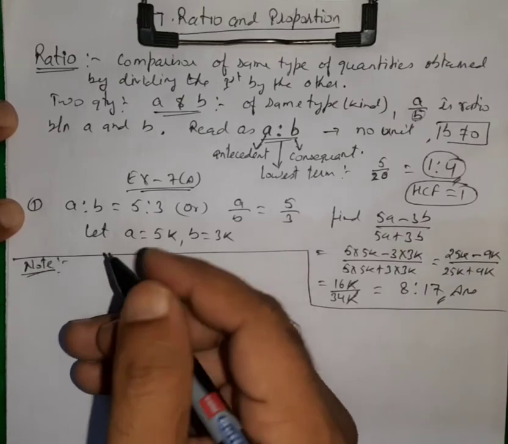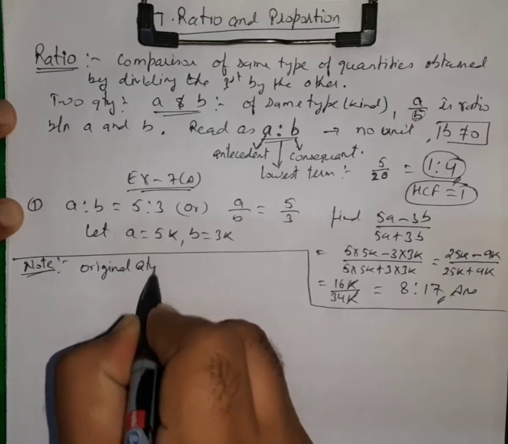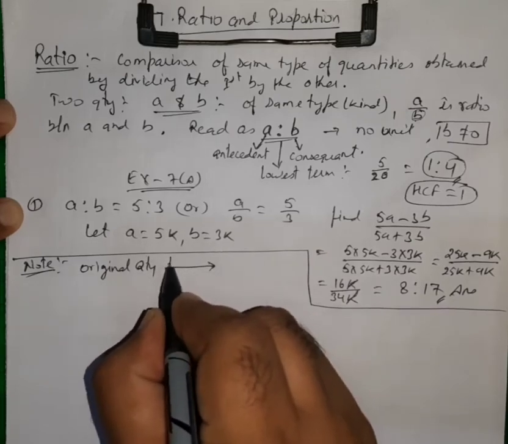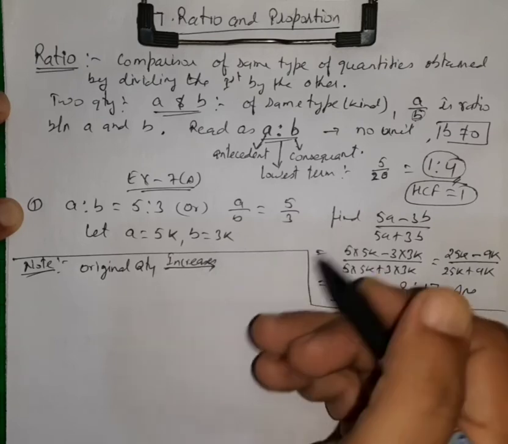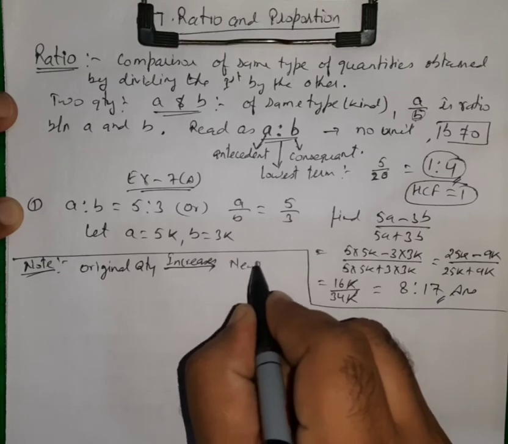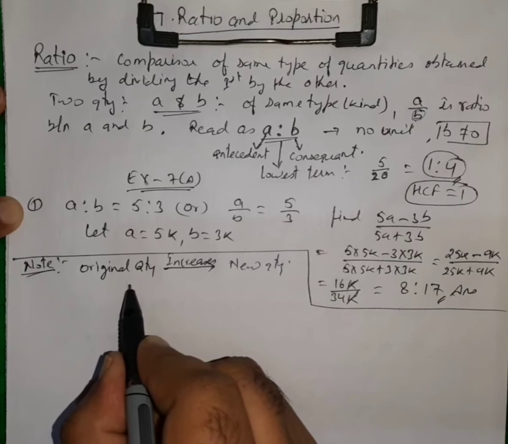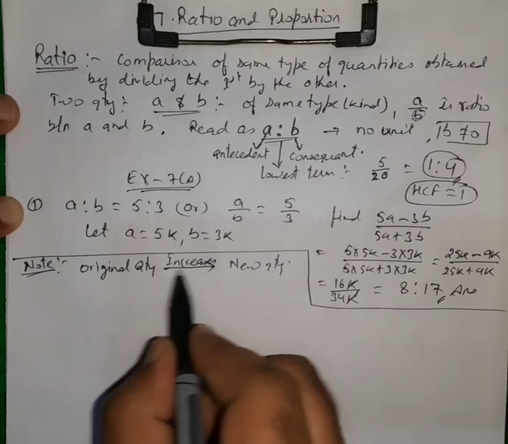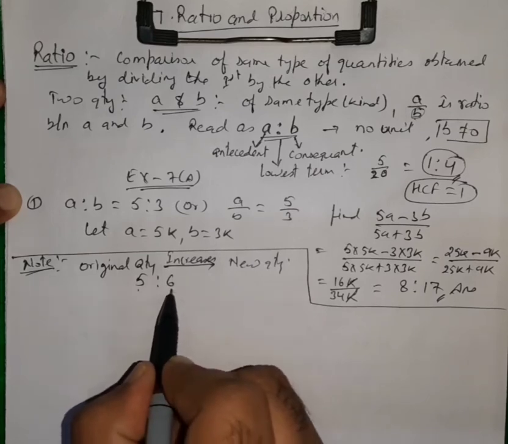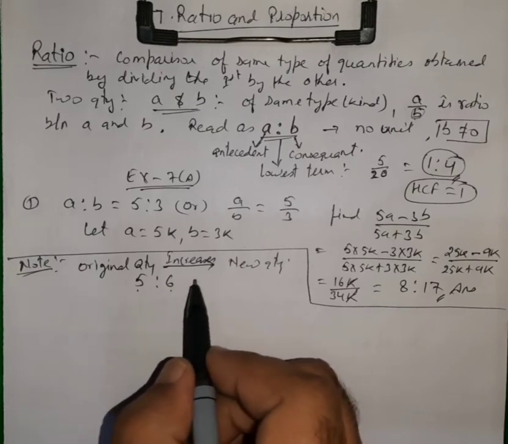Let us say that I have some quantity, that is the original quantity, and if this quantity increases by something, the increased quantity is called the new quantity. If I say that the ratio in which this quantity changed is 5:6, so this is the original and this is the new quantity, meaning the increase is from 5 to 6.